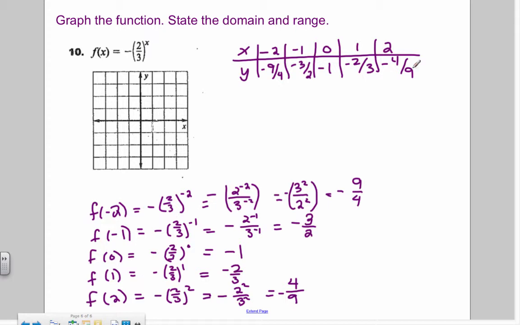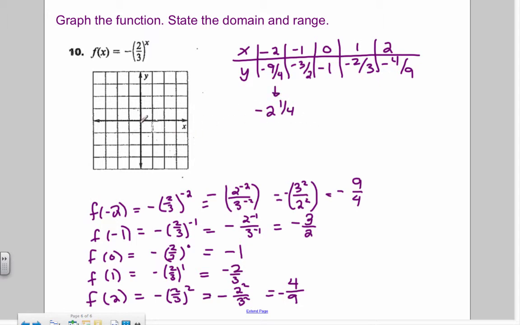If I'm going to graph this now, I'm going to go ahead and do all my x, y pairs. Negative 2, negative 9/4. Well, I'm going to rewrite this. Negative 9/4, if I write that as a mixed number, is negative 2 and 1/4. That kind of gives me an idea of where my graphing is.